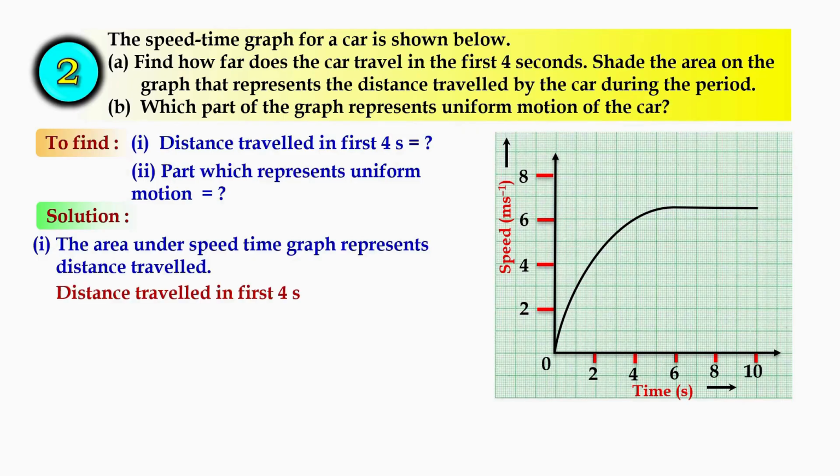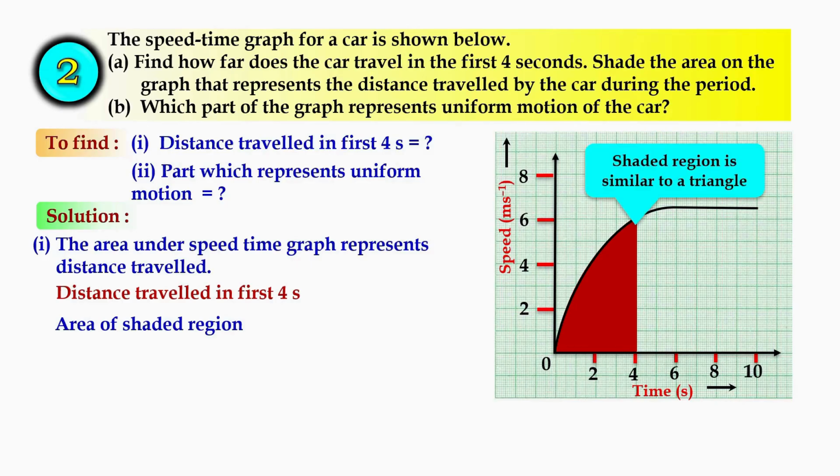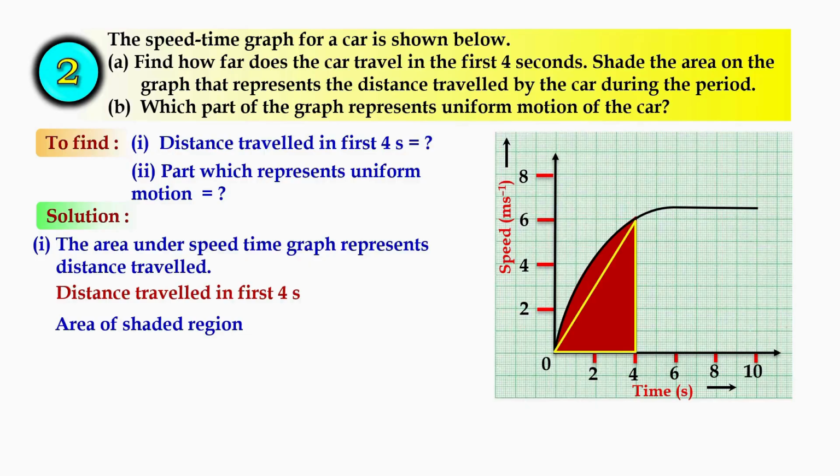So, to find the distance traveled in the first 4 seconds, we calculate the area of the shaded region under the graph from 0 to 4 seconds. From the graph, the shaded region is approximately similar to a triangle. Therefore, the area can be calculated using the formula for the area of a triangle, which is half multiplied by base multiplied by height.